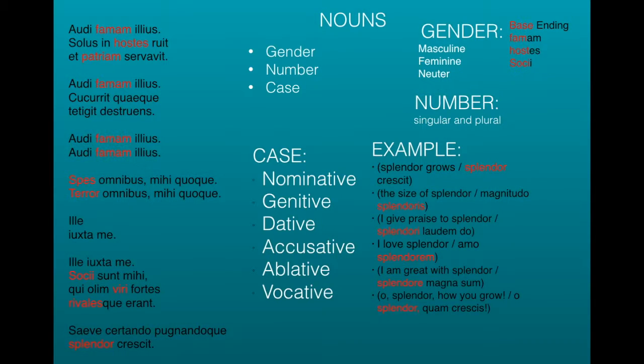It's translated with words in English like with, by, in, on, at, and more. Wow. So for example, I am great with splendor. This is not actually how you would say it in Latin, but we'll pretend. Splendore magna sum.